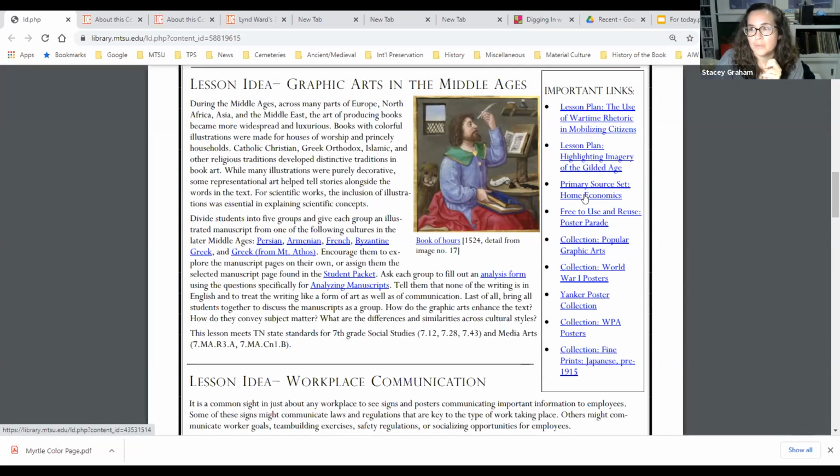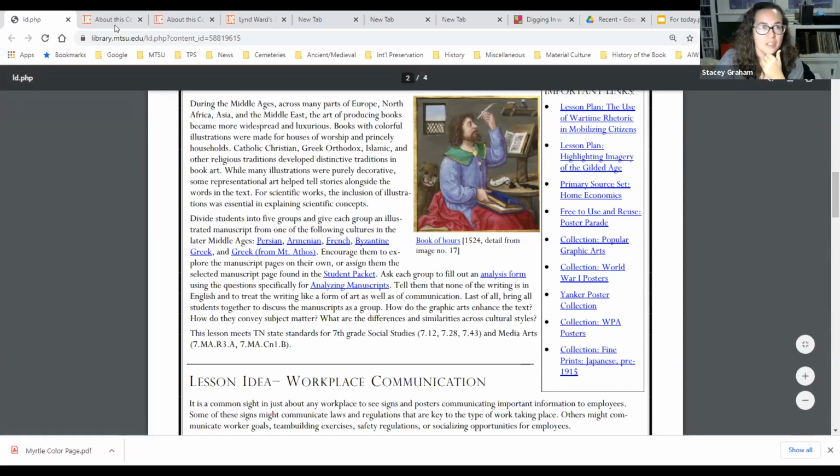And then a lot of posters having to do with home economics topics, a subject that doesn't get enough primary source resources made for it. But I want to show you real quickly this collection called Popular Graphic Arts, and then the Yanker poster collection.